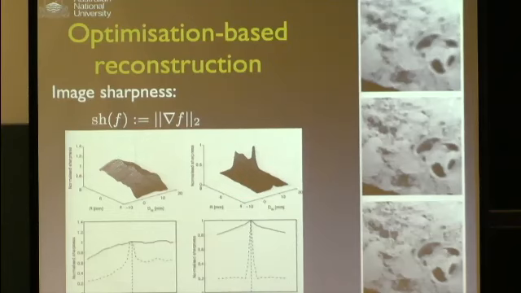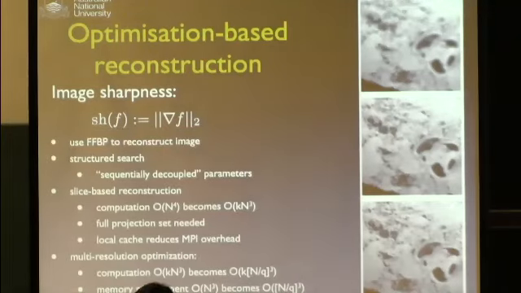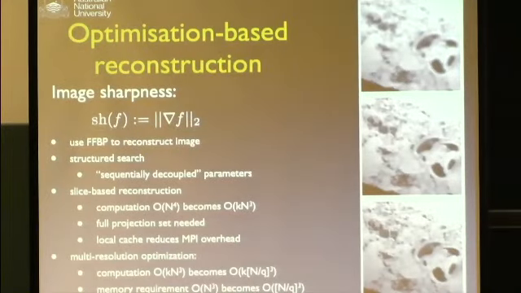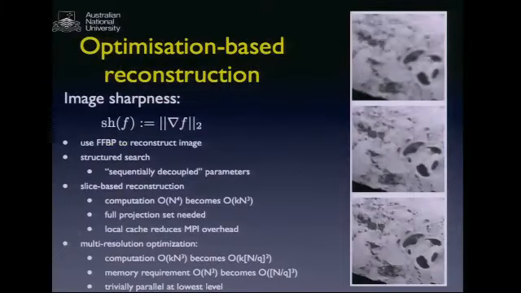Of course, we can search for the optimal parameter set in various ways. In fact, it turns out that these parameters decouple quite nicely. If we just search for them in the right order, we can do simple one-dimensional parameter searches and find a reasonably good approximation, and we can iterate that a couple of times and we are where we want to be.